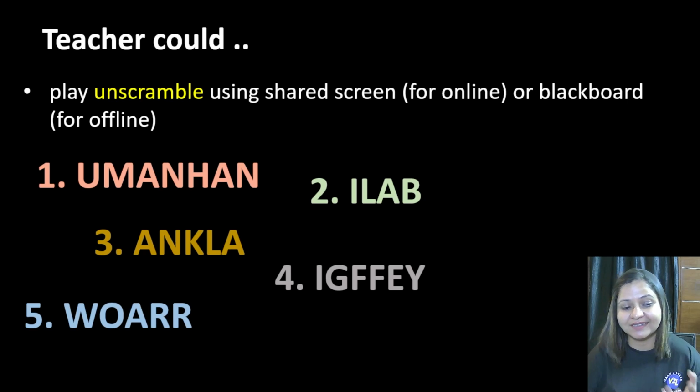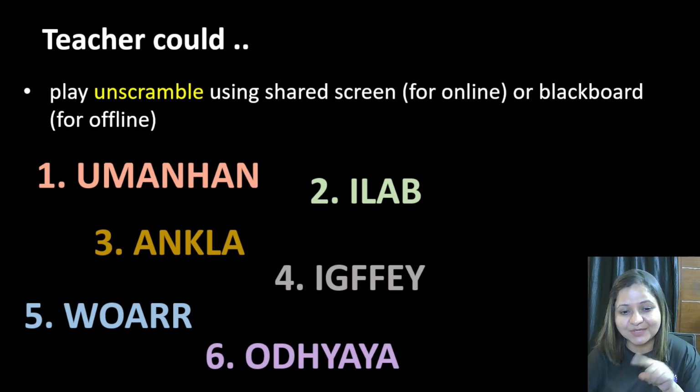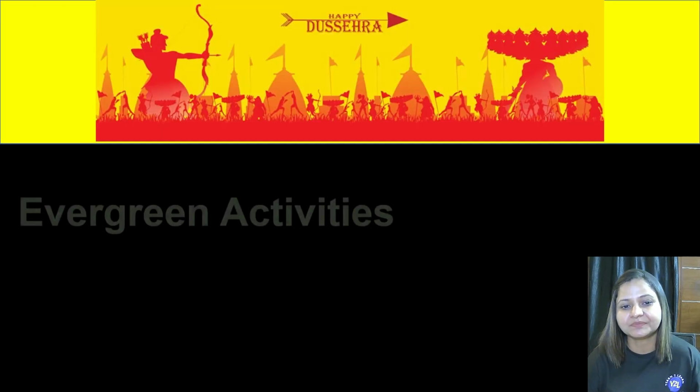Okay, the fifth one, it's a tool. It was used in war, and it comes with the pair. The second word I have not told you, but this is something that is used to attack the enemy. So let's see whether with these hints you can unscramble these words. So these are the suggestions, and the sixth one, yes, one more is there. It is the birthplace of Lord Ram. So let's see how you get that.